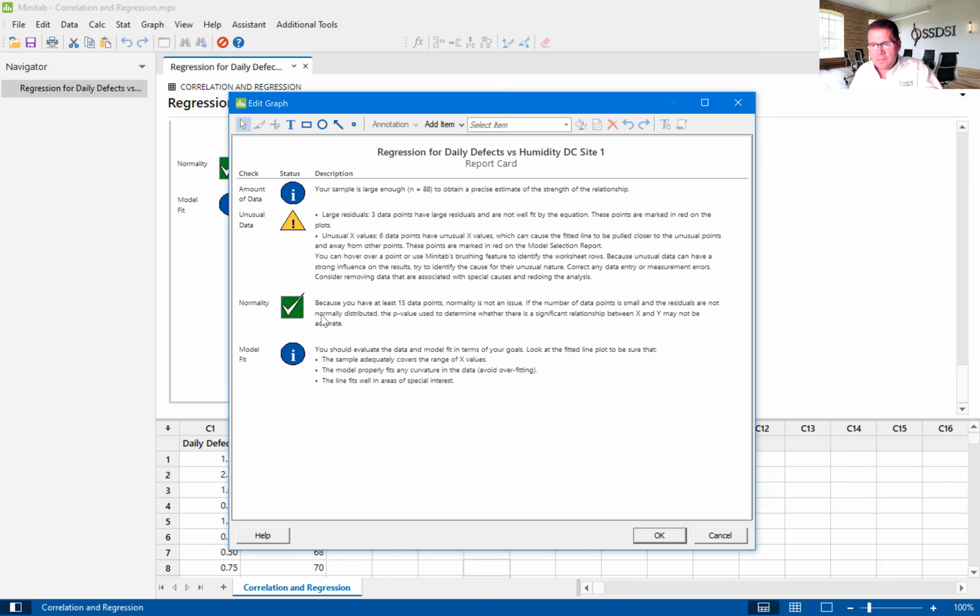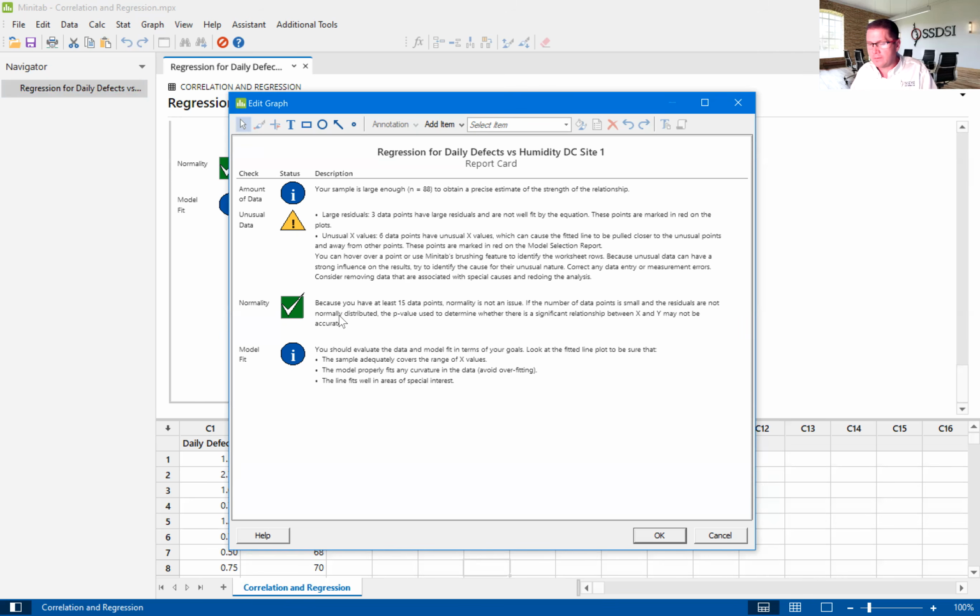Okay, because we have at least 15 data points, then we potentially could determine whether or not it's normal or not. Now I say potentially because Minitab doesn't know whether you have taken a good random sample, whether you have included the variation from all the different X's.